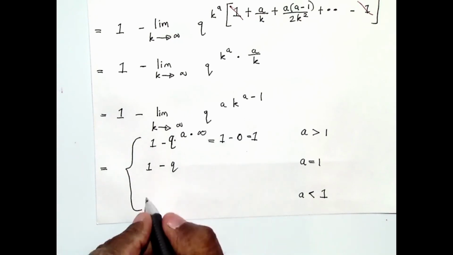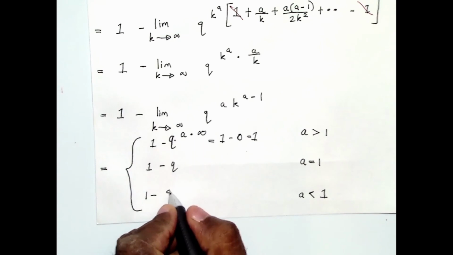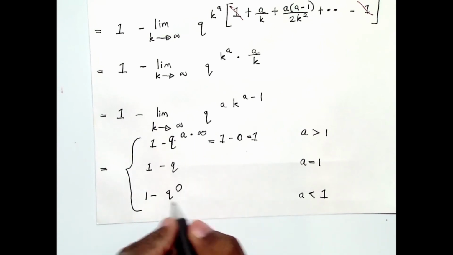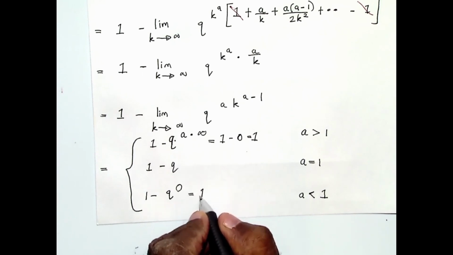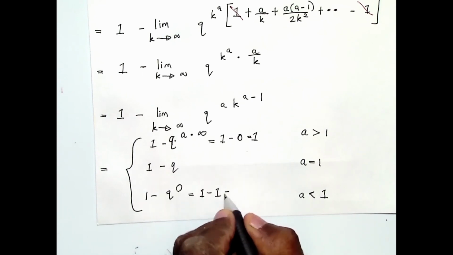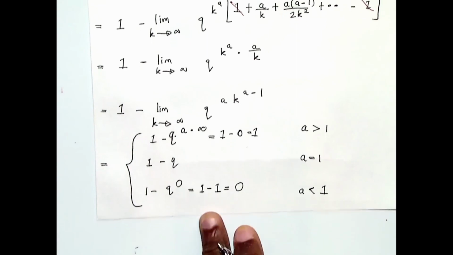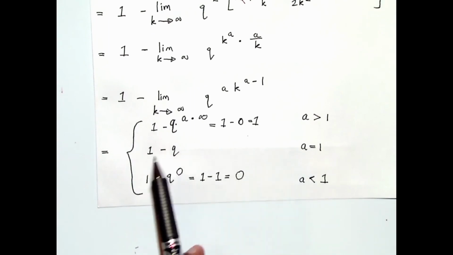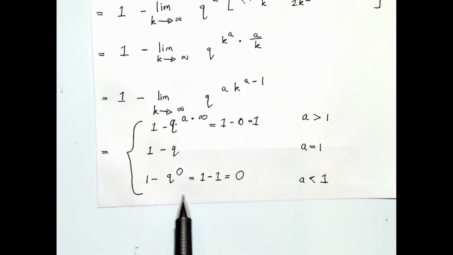So you get 1 minus q to the power 0, which is 1 minus 1, which is 0. So there are 3 possible limits, depending on whether a is greater than 1, equal to 1, or less than 1. When a is greater than 1, the limit is 1. When a is equal to 1, the limit is 1 minus q. And when a is less than 1, the limit is 0.